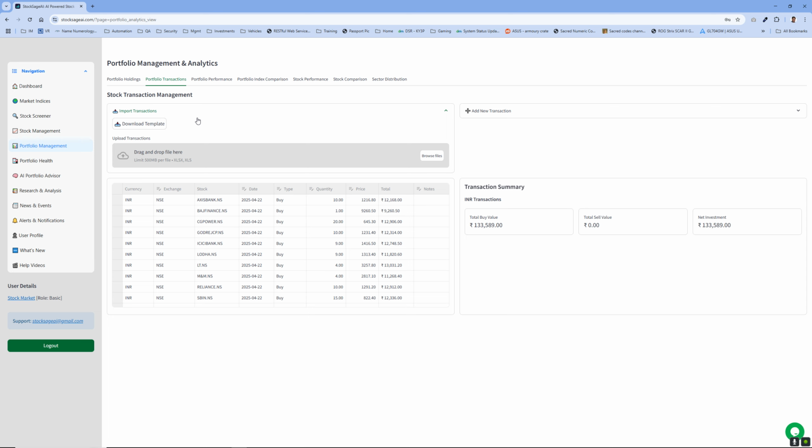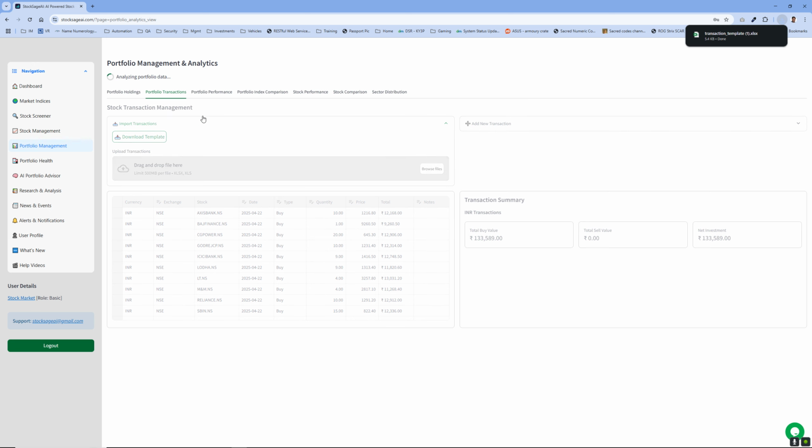Let's say you have an AMC like Zerodha or Groww or any other website where you buy or trade stocks, you can get an export of the transaction logs from there, and bring it over here. You can get that data in a certain format.